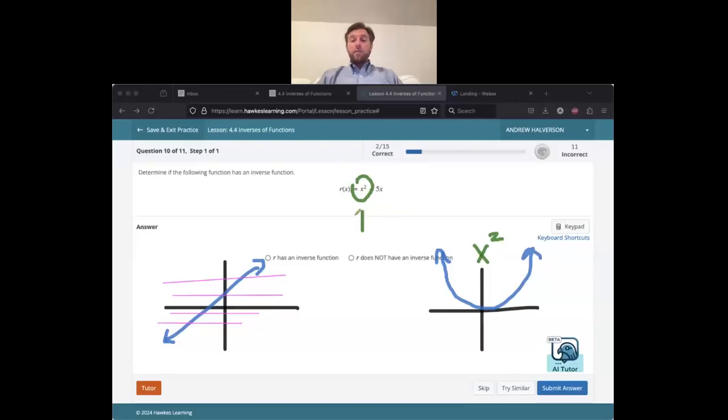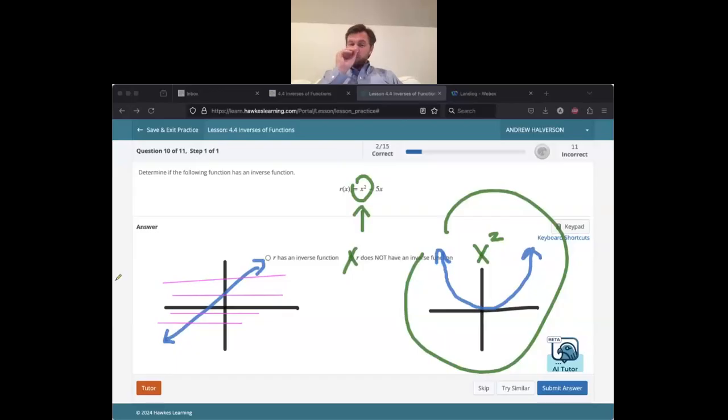So I know because of this x squared right here, this is the base function, the base graph fails the horizontal line test. So no, this one does not have an inverse. Connect the function with the graph of the base graph, and then from the base graph, see if it passes the horizontal line test.